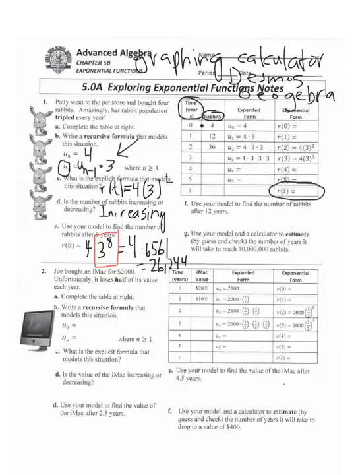For letter F, use your model to find the number of rabbits after 12 years. So this time we have R of 12. So it's going to be 4 times 3 to the 12th.